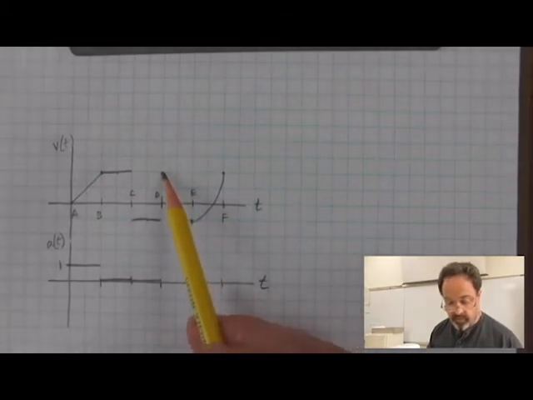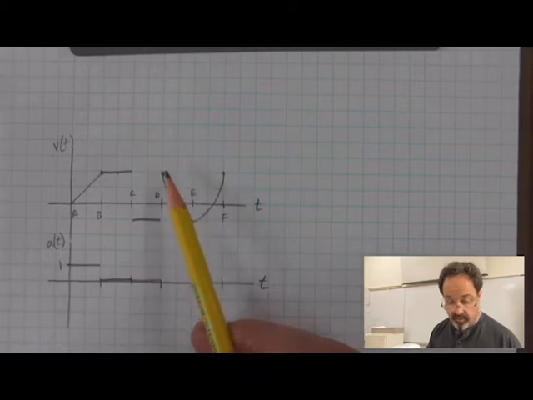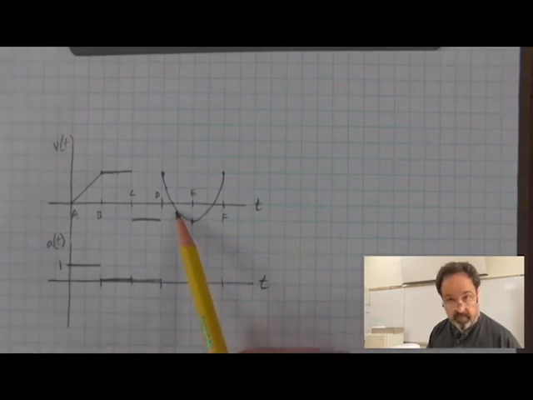Our acceleration, the rate at which we are changing our velocity, is higher in the beginning. We have a more intense negative acceleration at the beginning of this interval because the velocity goes down more than it goes down at other places.